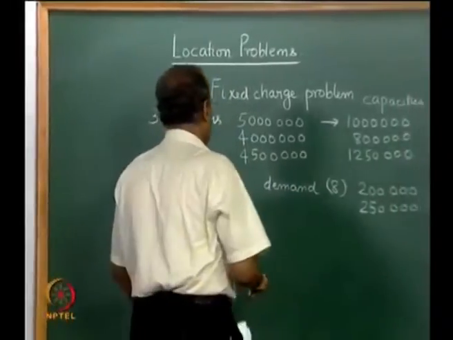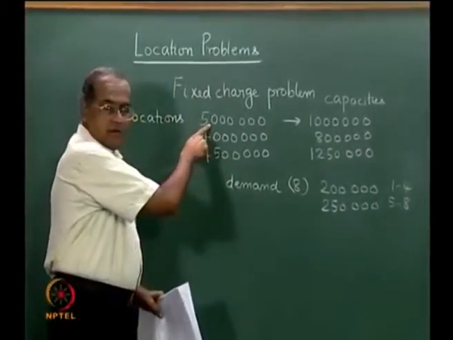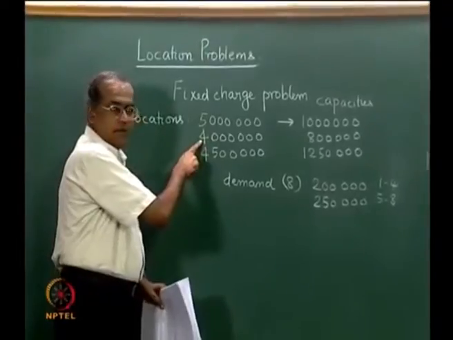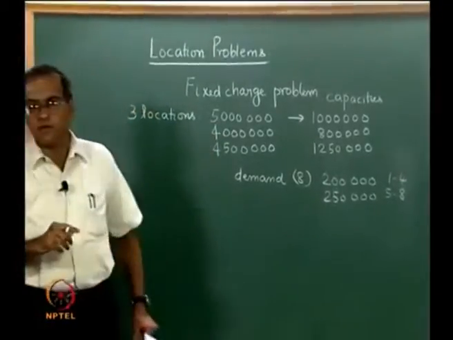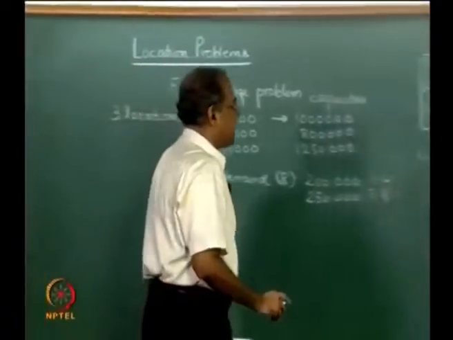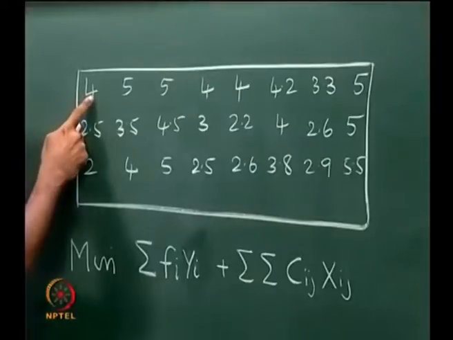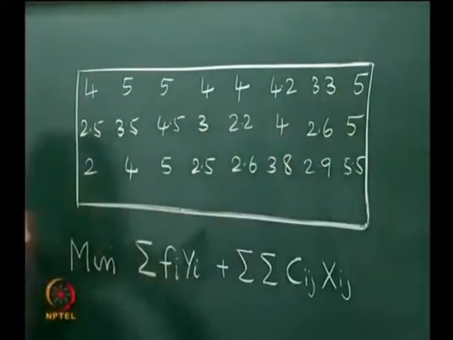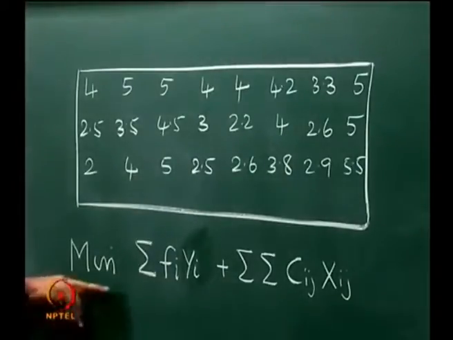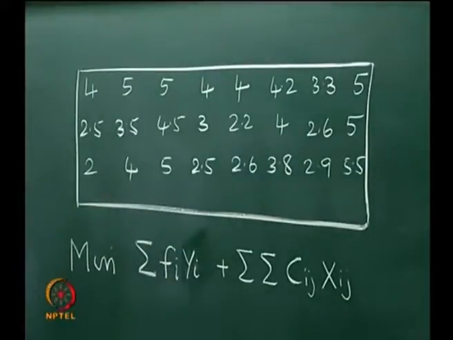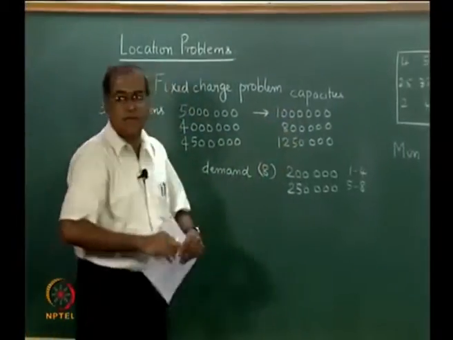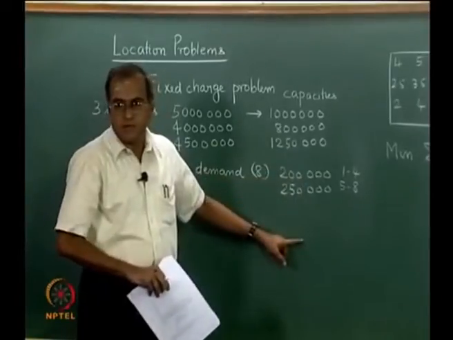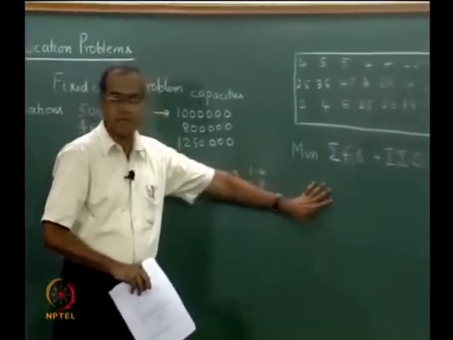So, the Fi yi will be 5 million into y1 plus 4 million into y2 plus 4.5 million into y3. The Cij xij will be 4 into x11 plus 5 into x12 up to 5 into x18 and so on. We also have the constraints: there will be 3 constraints for the capacity and 8 constraints for the demand.